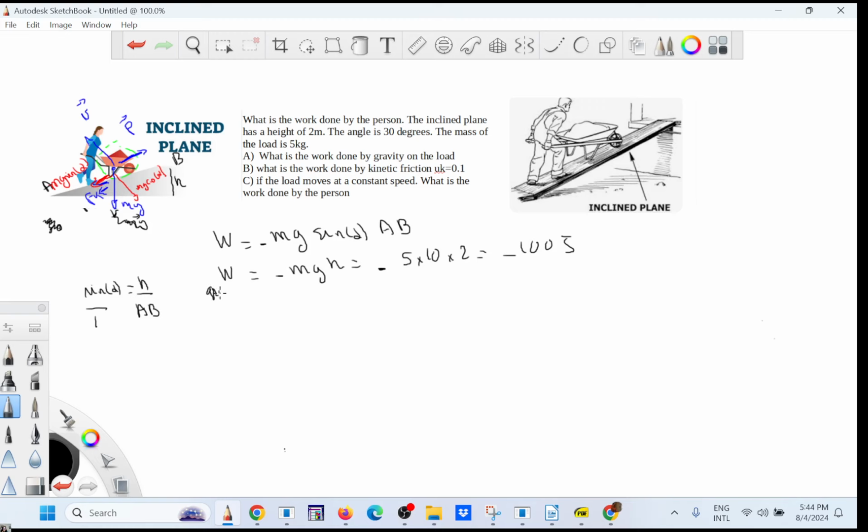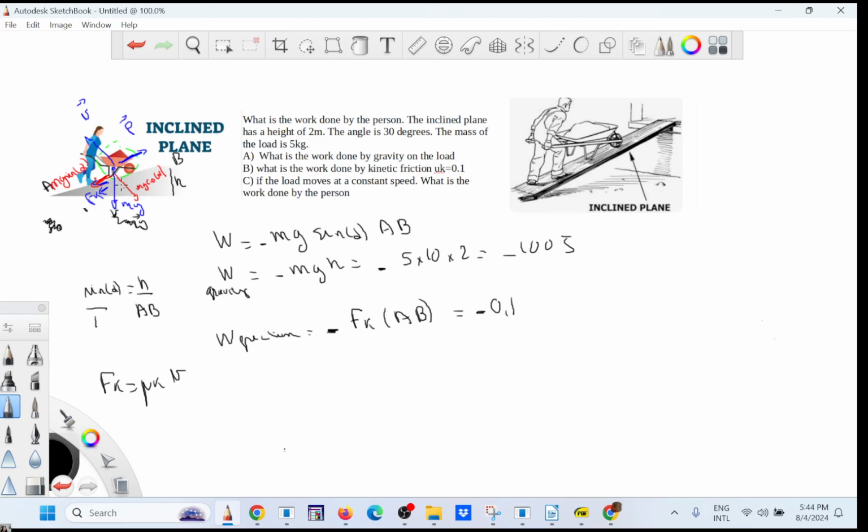So that is the work done by gravity on the load. The work done by friction is also negative. It's going to be minus the kinetic friction times the displacement AB. So that's going to be minus 0.1, and then the kinetic friction is the coefficient times the normal force.